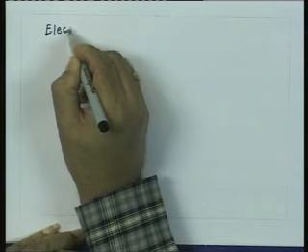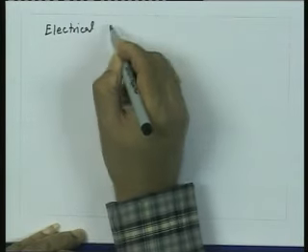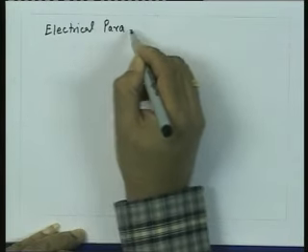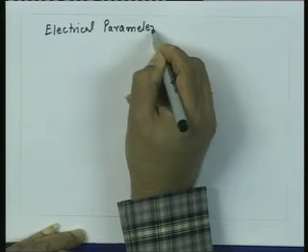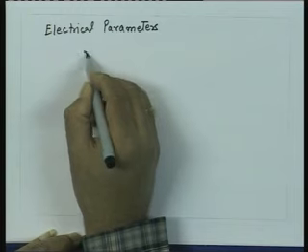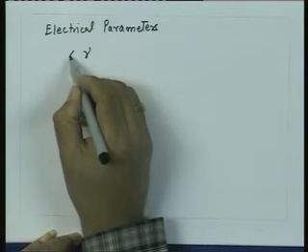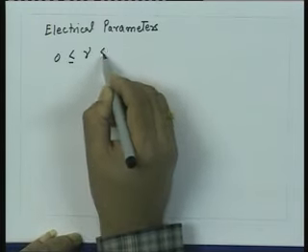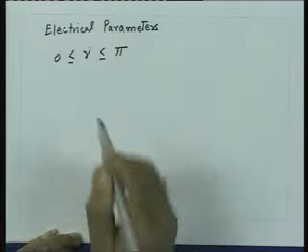So, if I take the electrical parameters, we have this quantity gamma which can range from 0 to pi.